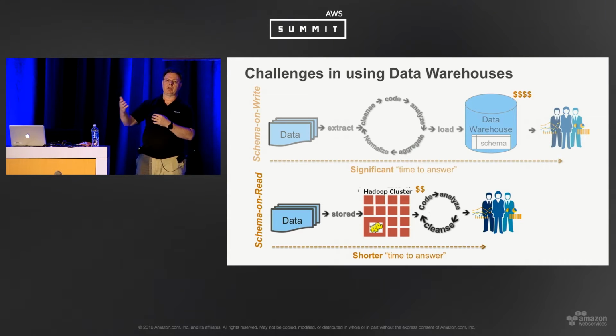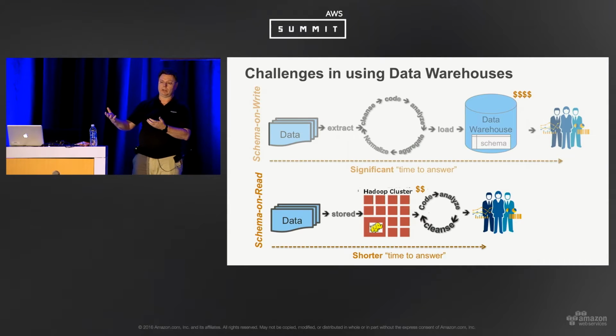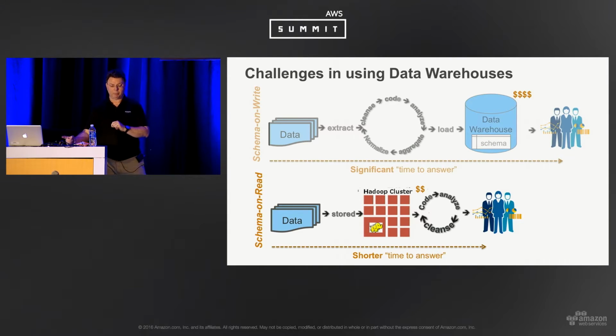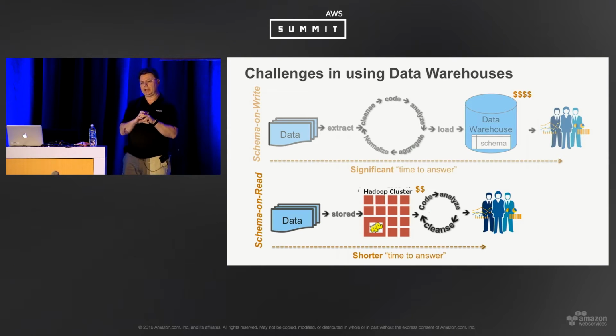So you're deferring the structuring of the data until you actually execute the query, okay? And so there's a lot less work because you're typically looking at subsets of the data, and you're doing less work on the data because you don't have this universal schema that you're trying to pigeonhole the data, okay?